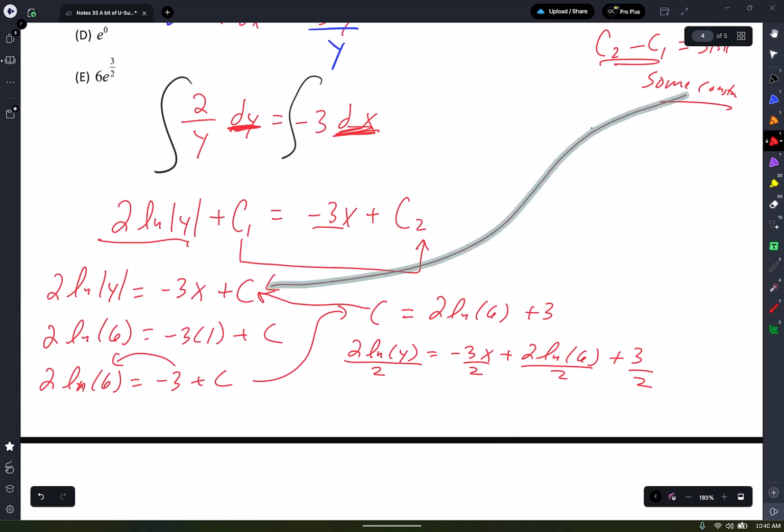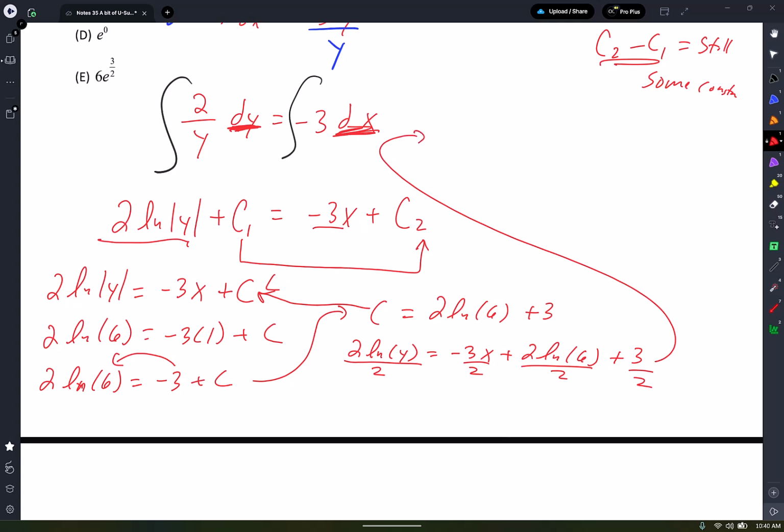So now, where do I write it? I got a lot of white space over here. I'm going to write it right here, guys. So I have ln of y equals negative 3/2 x plus ln of 6 plus 3/2. Are we still okay? How do I get y by itself?